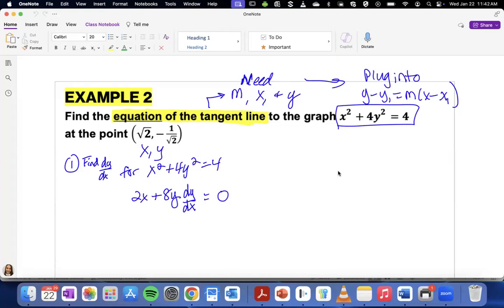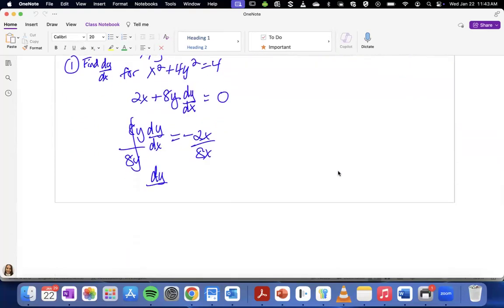Then to solve for dy over dx, you just subtract the 2x over, and you're going to divide by 8y. Sorry, I wrote x and I said y, divide by 8y. This reduces to negative x over 4y. So far so good.